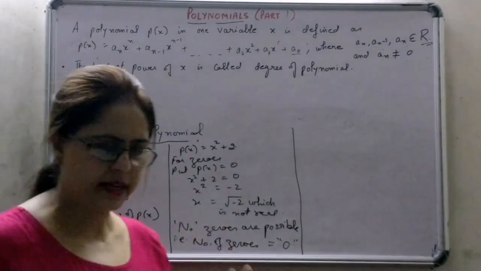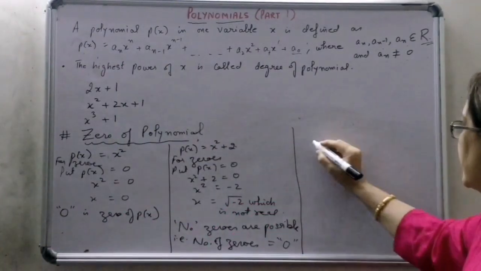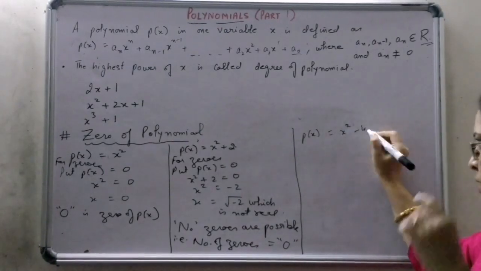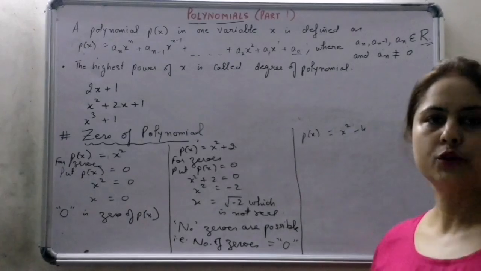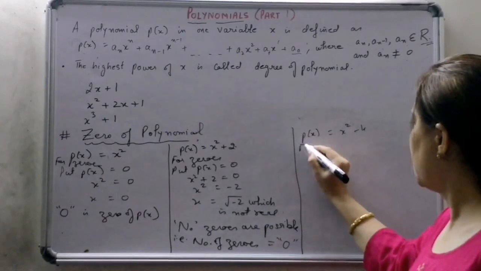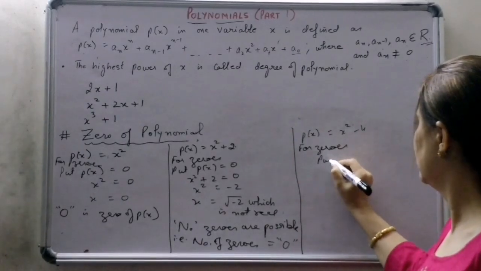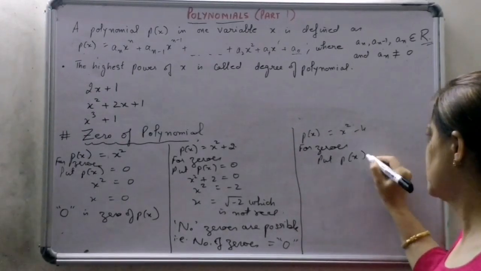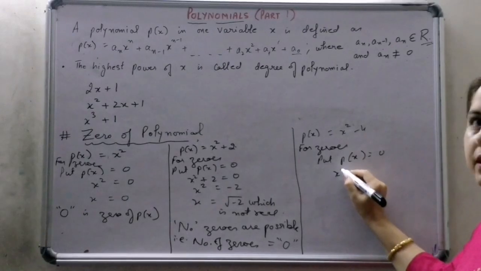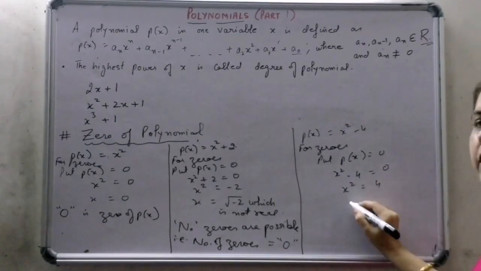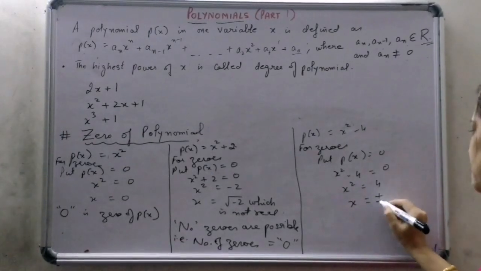Now let us take up another example of a quadratic polynomial. Say p(x) is equal to x square minus 4. Again, by the definition of zero of the polynomial, for zeros we'll put p(x) equal to 0. So x square minus 4 is equal to 0, so x square is equal to 4, so x is equal to plus minus 2.